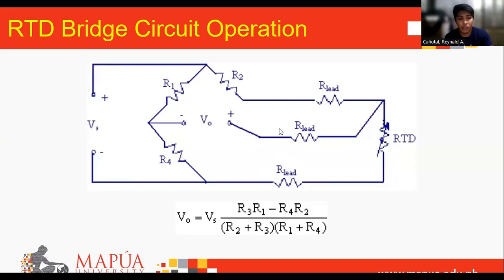And we're going to recall the general formula for the Wheatstone bridge, that Vo is equal to Vs multiplied by R3 times R1 minus R4 times R2, divided by R2 plus R3 times R1 plus R4. It is noticeable that R3 and R2 have opposite signs in the above equation.